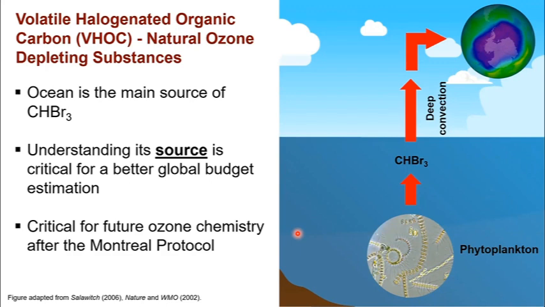So where they get emitted becomes very important to ozone-depleting dynamics, because if they are produced in places with deep convection that can deliver them quickly to the stratosphere, then their efficiency to degrade ozone will be greater. That was what drove my dissertation research to identify the source of bromoform.